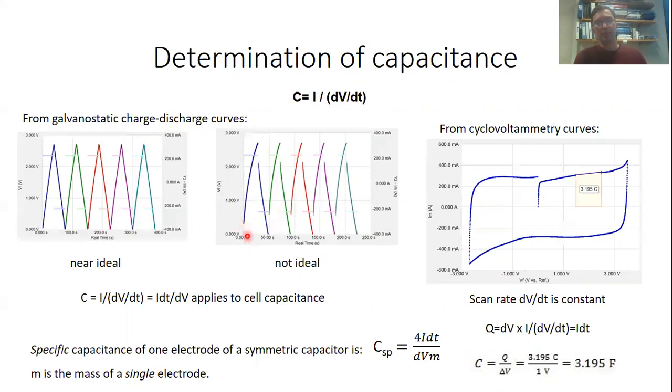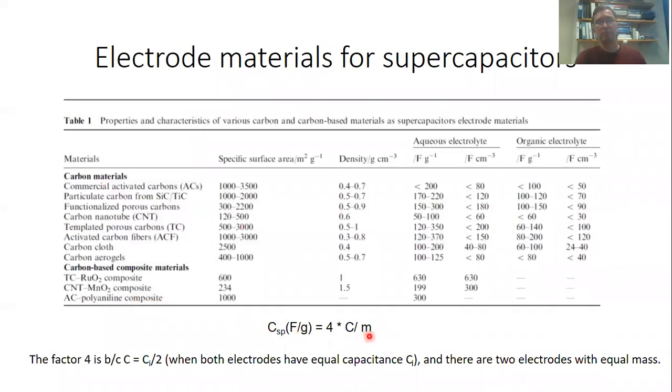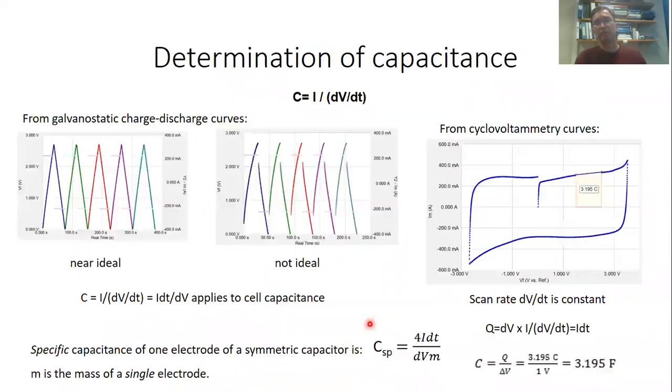Now when you have measured the capacitance of your overall capacitor, you can determine the specific capacitance of a specific electrode using this formula here for I dt over dV over m, which follows naturally from the combination of this formula together with this formula here. So this is how you can determine the capacitance using galvanostatic charge-discharge curves.